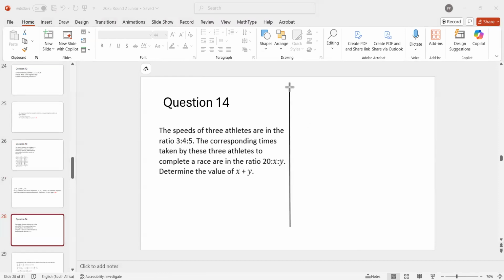Okay, so here we know exactly what they all travel the same distance. So let the distance, the athletes running the same race, let the distance covered by the athletes be, say, D for distance.